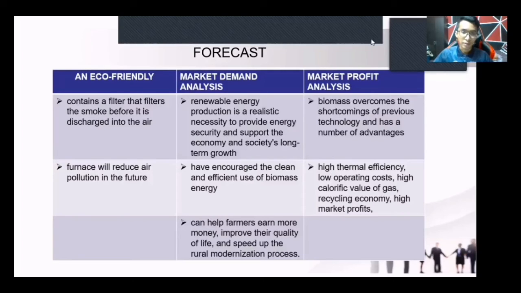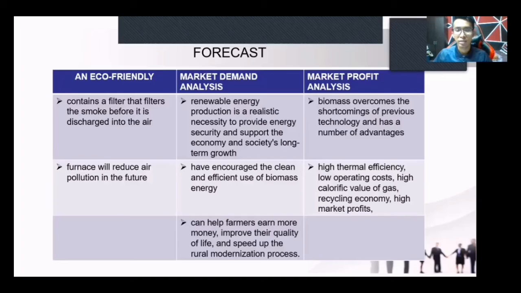First is eco-friendly because it contains a filter that filters the smoke before it is discharged into the air, and also it will reduce the air pollution in the future. Alright, for the market demand analysis, renewable energy production is a realistic necessity to provide energy security and support the economy and society's long-term growth.